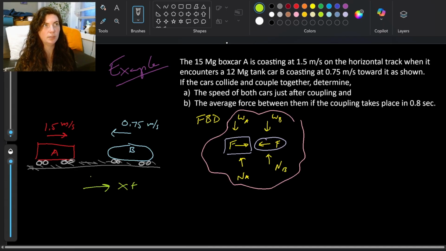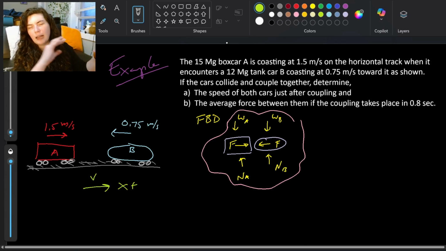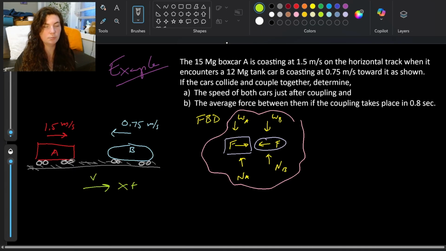I'm going to assume that they're going to collide together and move to the right. And it's probably a good assumption because our boxcar A is moving a lot faster than boxcar B, so it's likely that they'll start moving to the right. But what I want to do is establish that frame of velocity so I can have my positive and negative signs for this entire system when we go to plug these into our conservation of momentum.